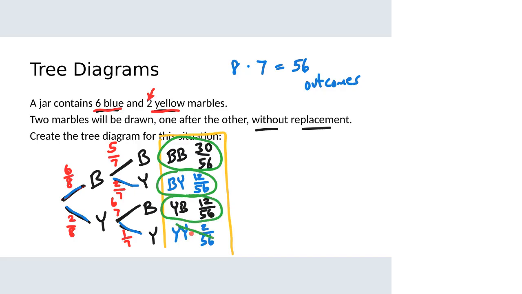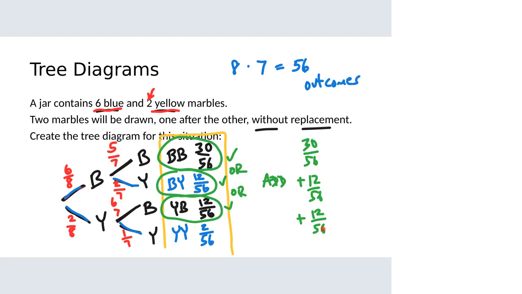So what that means for me is I can get at least one blue this way, or this way, or this way. So I need to add those probabilities together. So that'll be 30 out of 56 plus 12 out of 56 plus 12 out of 56. We'll add all those together.